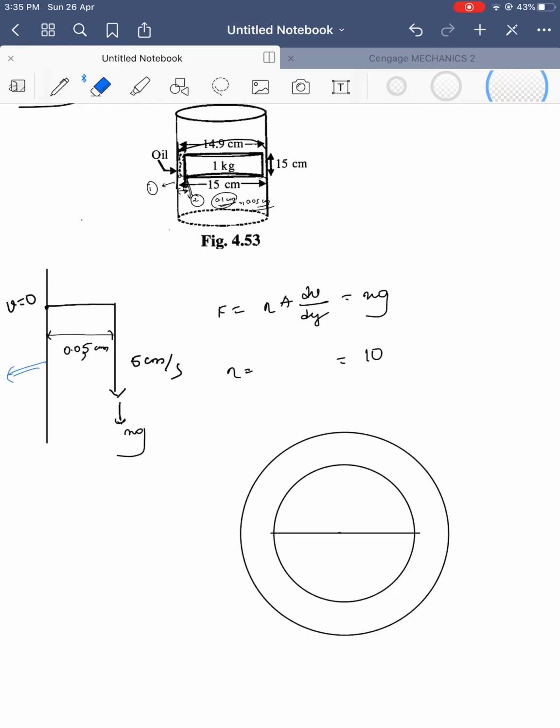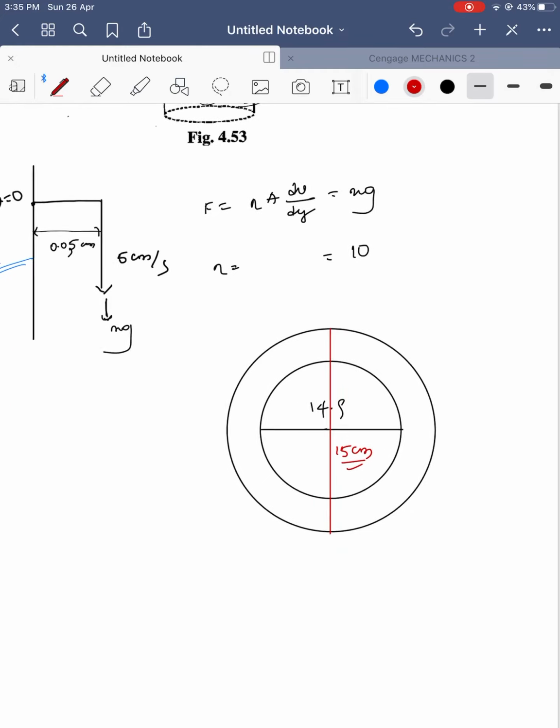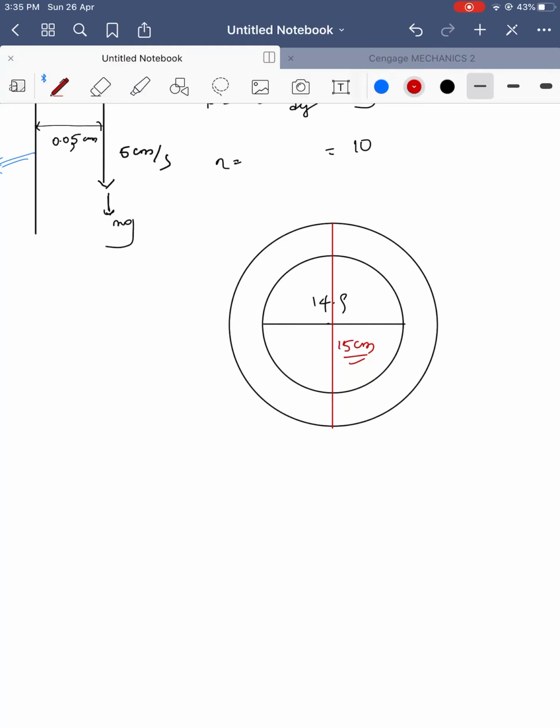Actually, this is the actual view. 14.9, and from here to here it is equal to 15 centimeter. The area of liquid which is in touch, so how much is the radius from here to here?